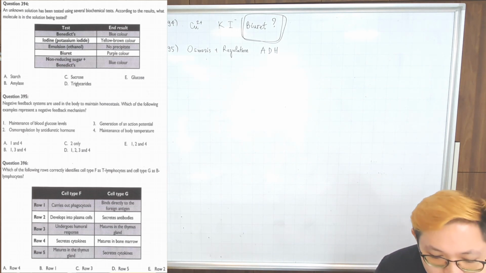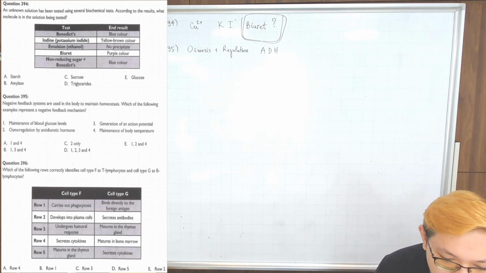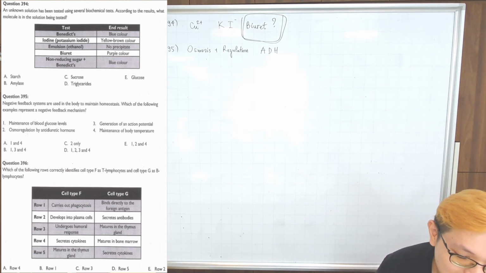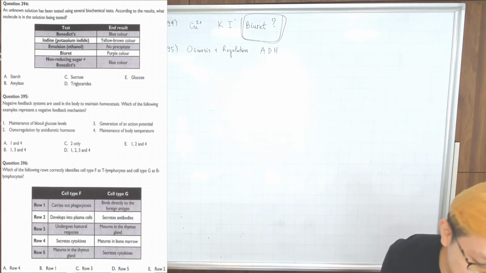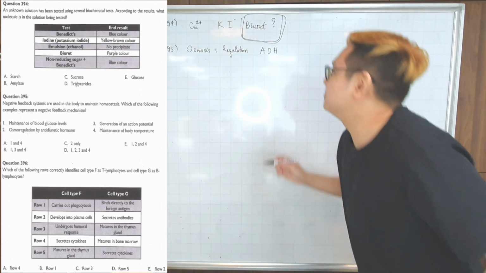Okay, so number 4, maintenance of body temperature. Sự bảo toàn của nhiệt độ cơ thể. It is. So E, right? Check please. E, very good.